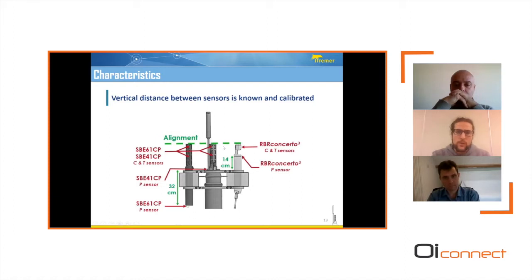So temperature sensors are fine; they are all at the same level, but the conductivity cell sensors will be slightly below the RBR ones for the Seabird ones. And there is a difference between the pressure sensors, but all those differences are well calibrated to avoid any discrepancies in the data processing.